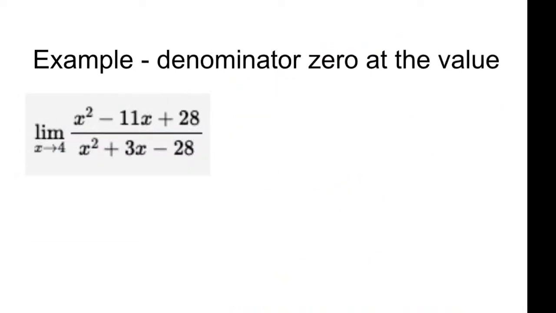Okay, so now we're getting to a place where we have this question. And what you see is this one, x goes to 4. You might not see it right away, but if you factor the bottom, you're going to get one factor of x minus 4, and the other one is x plus 7. 4 times 7 is 28.